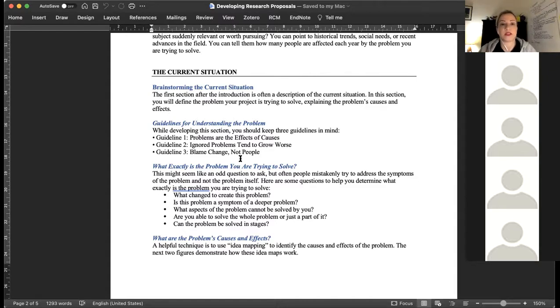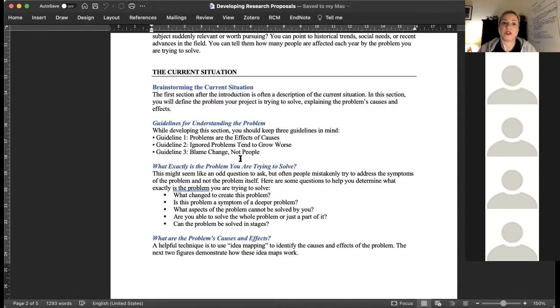While developing this section, you should keep 3 guidelines in mind. Number one, that the problems are effects or causes. Number 2, ignored problems tend to grow worse, always. Number 3, blame change and don't blame people. I know we're tempted in this country to blame people instead of change, but we have to think about it differently.